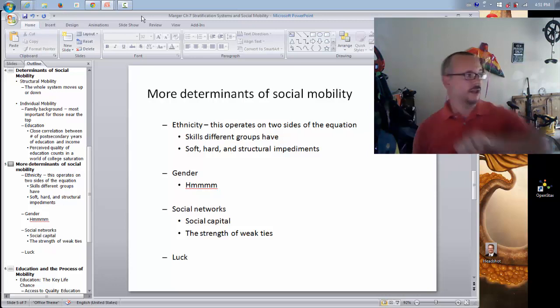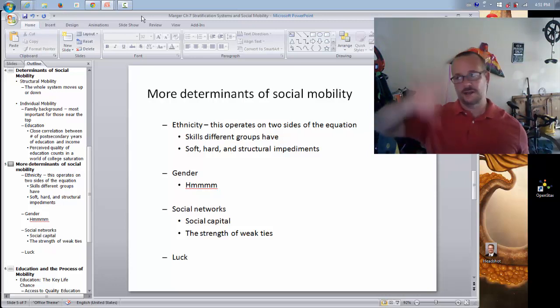There's a push side and there's a pull side, right? I mean, this equals this. And when it comes to ethnicity, on one hand, ethnicities have different strengths. Now, by this, I don't mean some sort of old-fashioned racial bullshit.